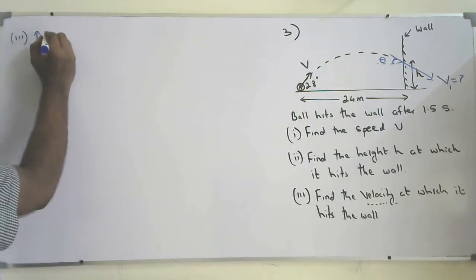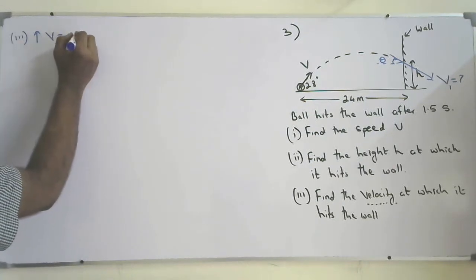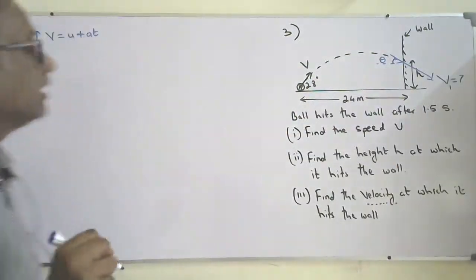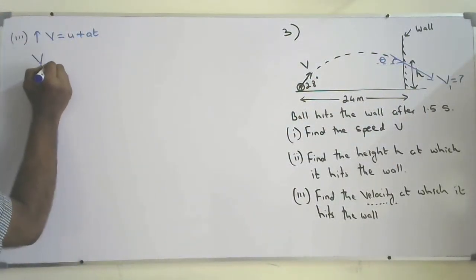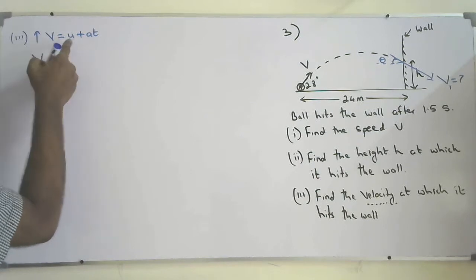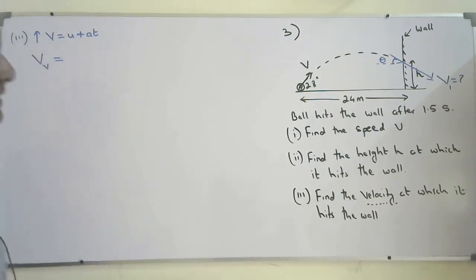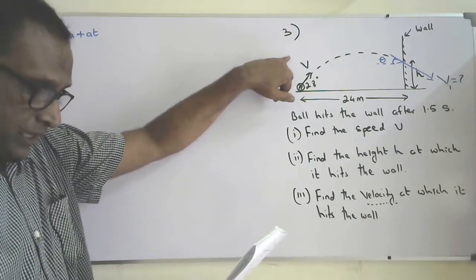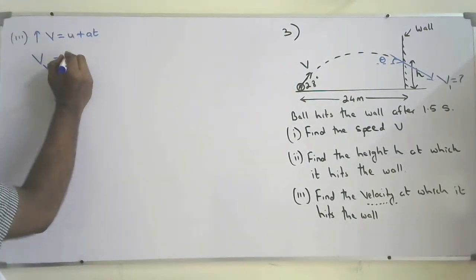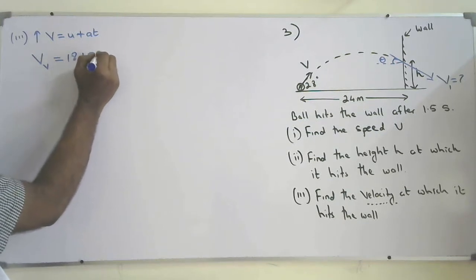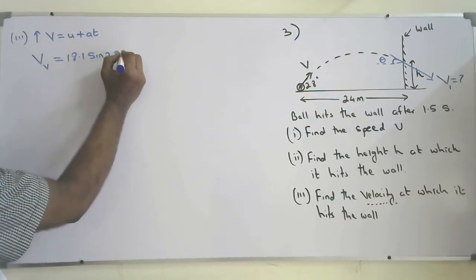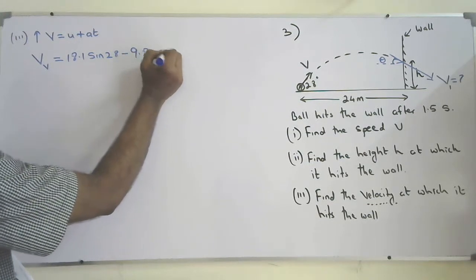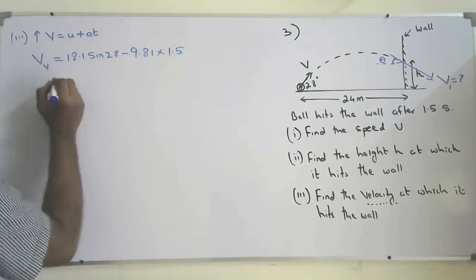So use v equals u plus at for the motion from the initial point to the wall. So v, I call it the vertical component, upward direction. The initial velocity is v sin 28. We know the initial value of v, which is 18.1. So 18.1 sin 28 minus, acceleration is downward, so minus 9.81 into 1.5.